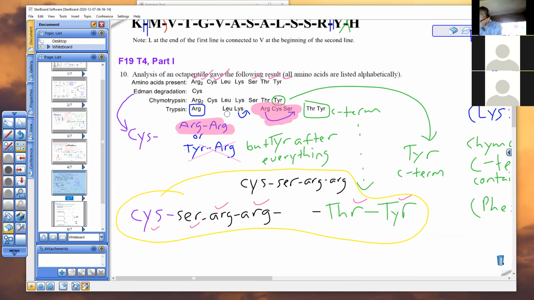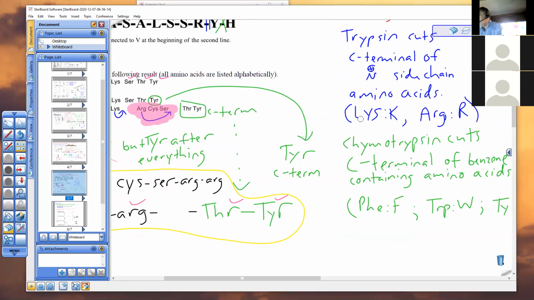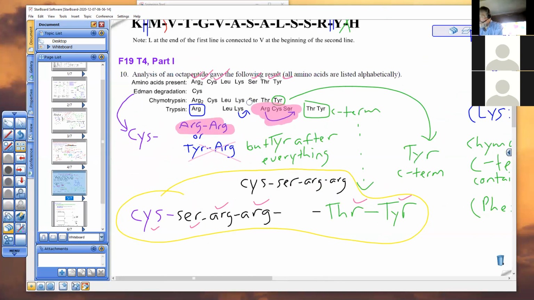The nice piece here is we're missing both Leu and Lys, and this says Lys has to be after Leu. Trypsin cuts the C terminal of Lys and Arg. So everything after Lys was cut and everything before Lys stays, which means Leu's before Lys. So you put Leu, Lys to finish this problem.